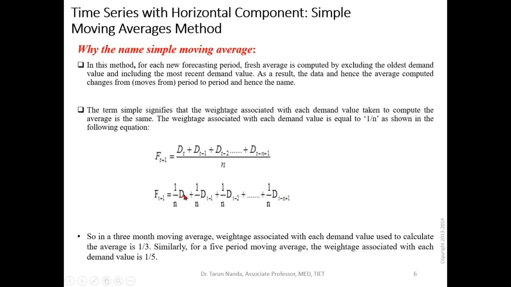But what is the weightage associated with each of these demand values? The weightage associated is the same, 1 by n. Because the weightage associated with all the past sales values in computing the future forecast is the same, the method is called simple moving averages.